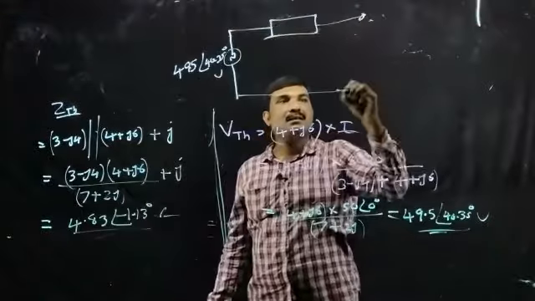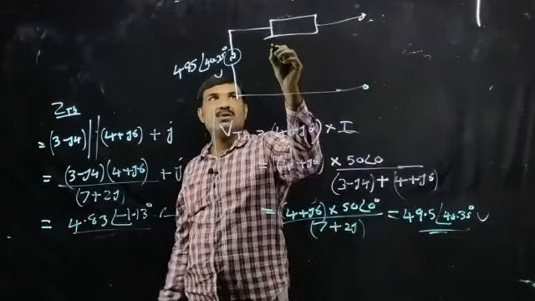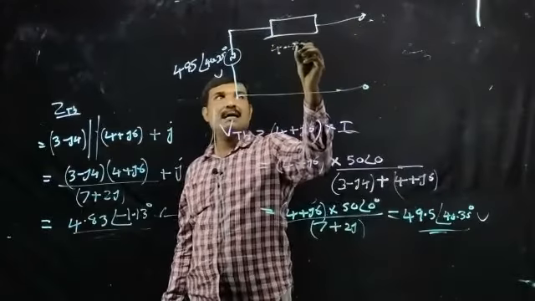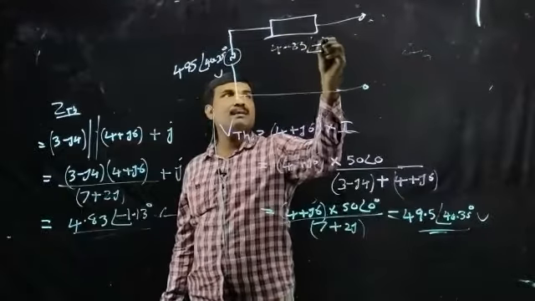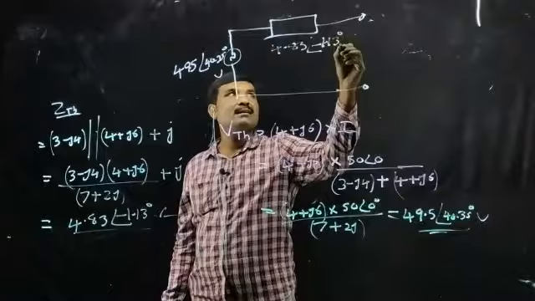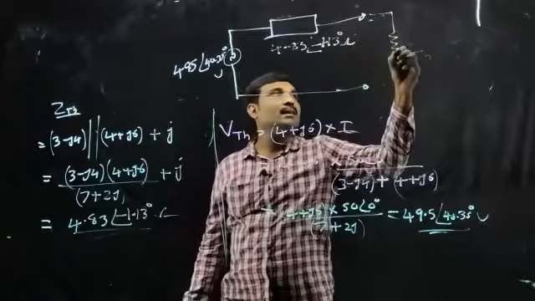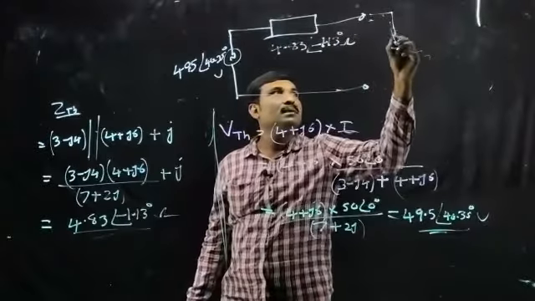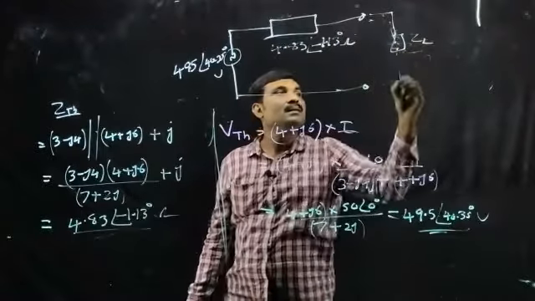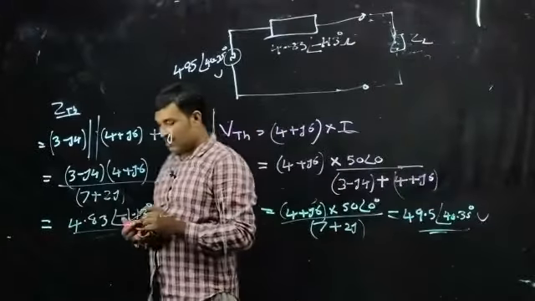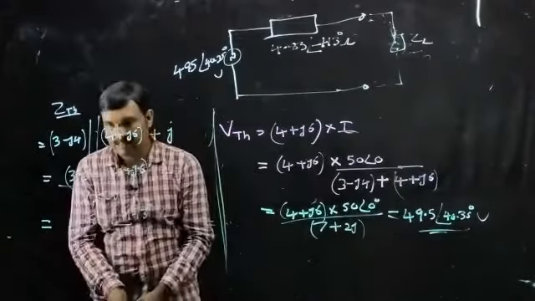This is our load terminal, right? The value of series impedance is 4.83 at an angle of minus 1.13 degree, this much ohm, and here we can connect a load, either impedance or resistance, right? This is our equivalent network, right?